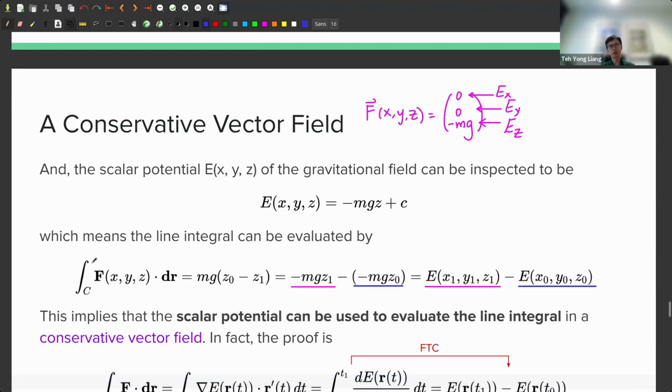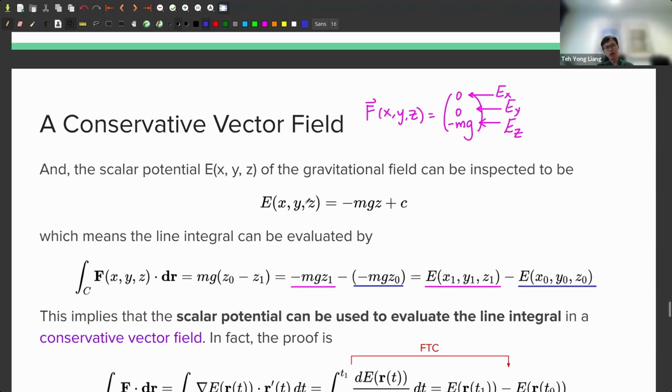This makes sense. Why is that so? Because when you do a line integral, you're doing integration, and when you are getting the scalar potential from the vector field, you are also doing integration. Isn't that correct?